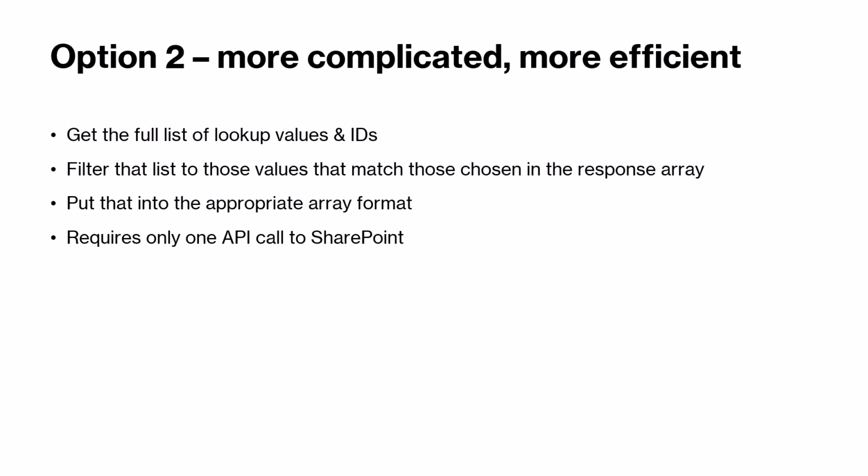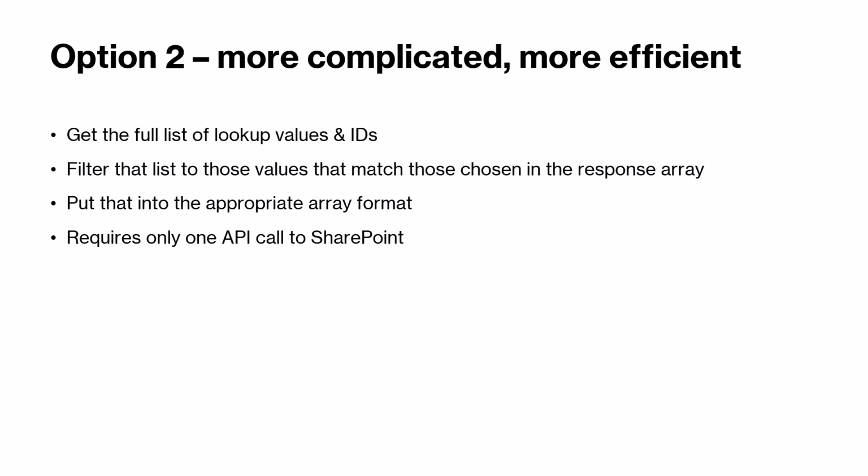We have the array of titles that were selected. We're going to mash those together and return only those that occur in both. Now, in theory, there's an expression called intersection, which you could use if the two arrays had the same format. Because they don't, because one has title and ID and the other just has title, you can't use that.